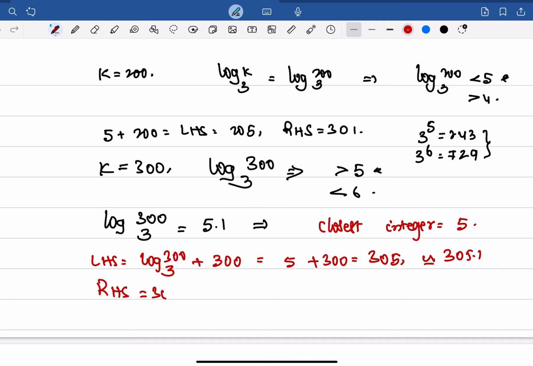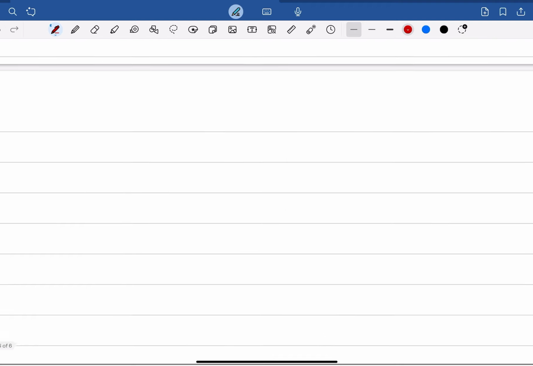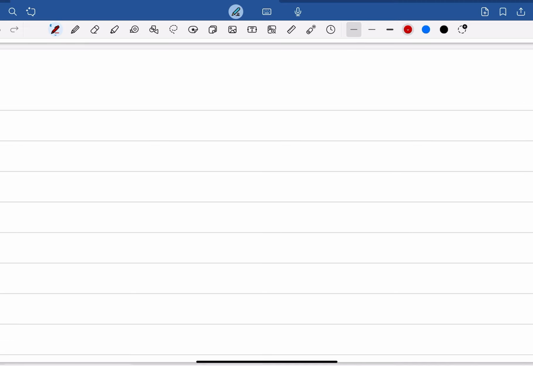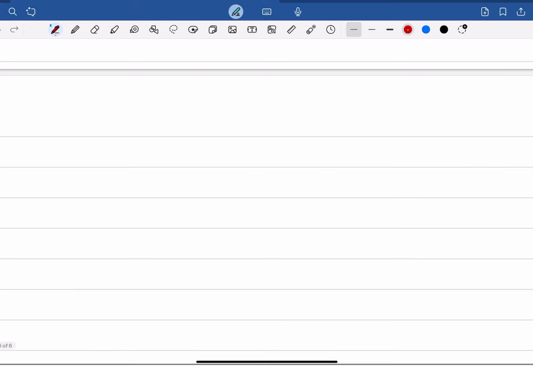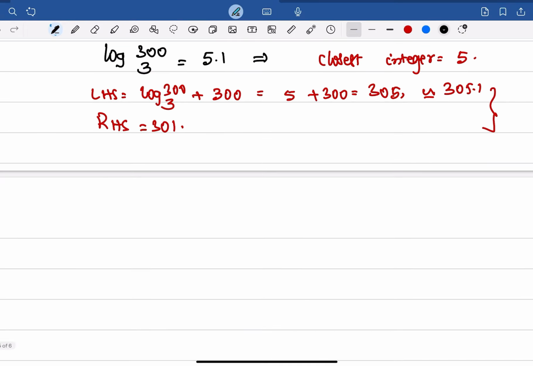Right hand side is equal to 301. The difference between these two values is very small, around 1%. We can accept it. We are doing this without any calculator, the toughest logarithmic exponential numericals. Try to understand the difficulty.